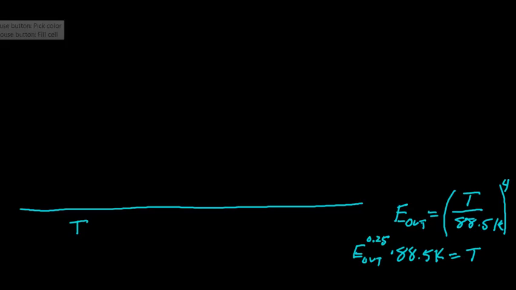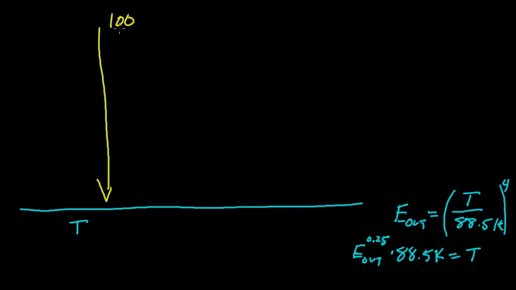So this is true if we assume, say for the Earth, that we have 100 units of solar energy coming in. Now, also for the Earth, the Earth reflects about 30% of the energy, so 30 just bounces right off and goes back off into space. Now I'm going to assume for right now that there's no atmosphere.